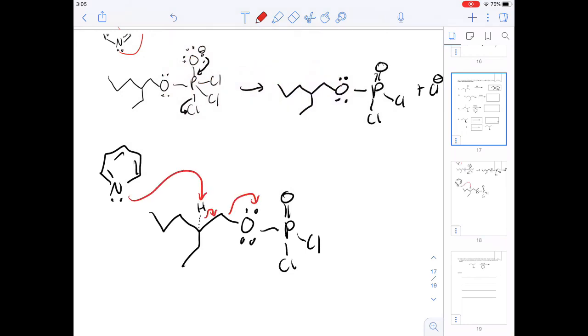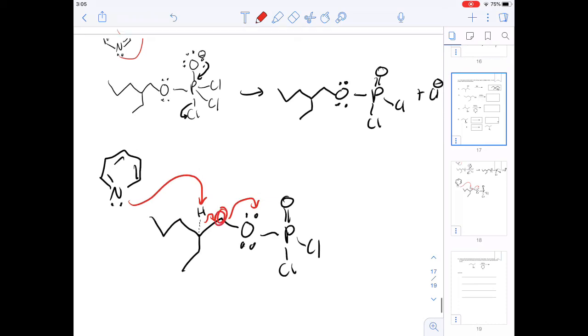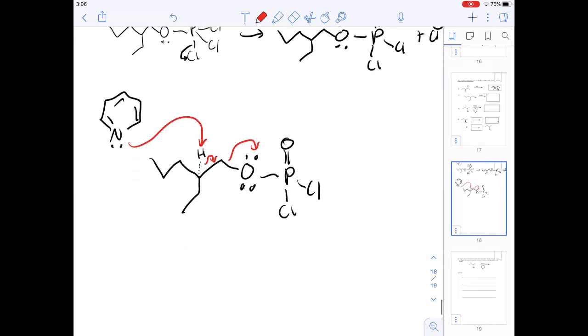and this is going to cause the elimination to occur, because when it pulls off that H, the electrons from the H are going to go into the molecule, creating a double bond, and because this carbon will now be overloaded, it's going to kick out the ginormous PCl2O2 group.